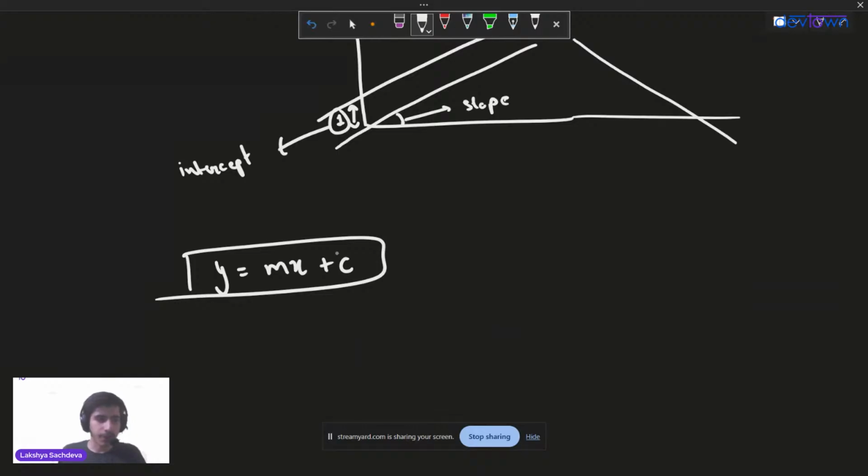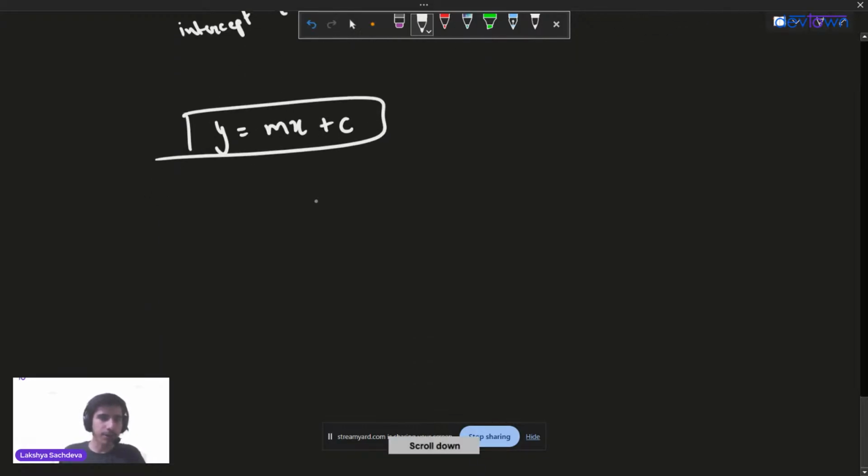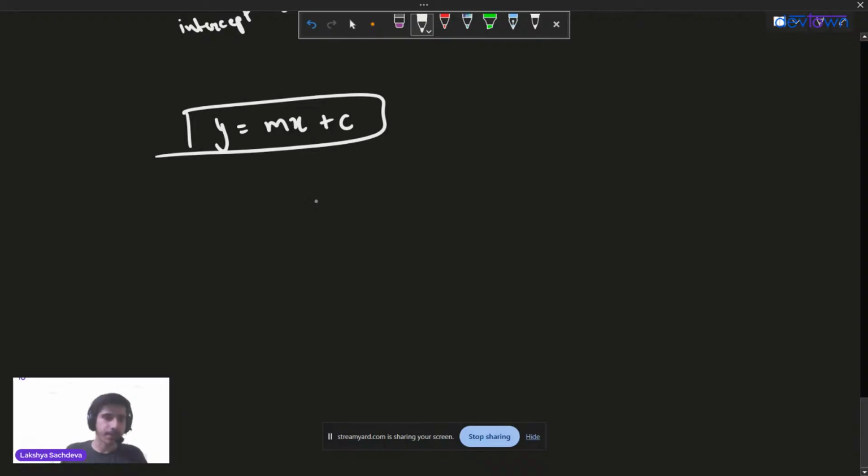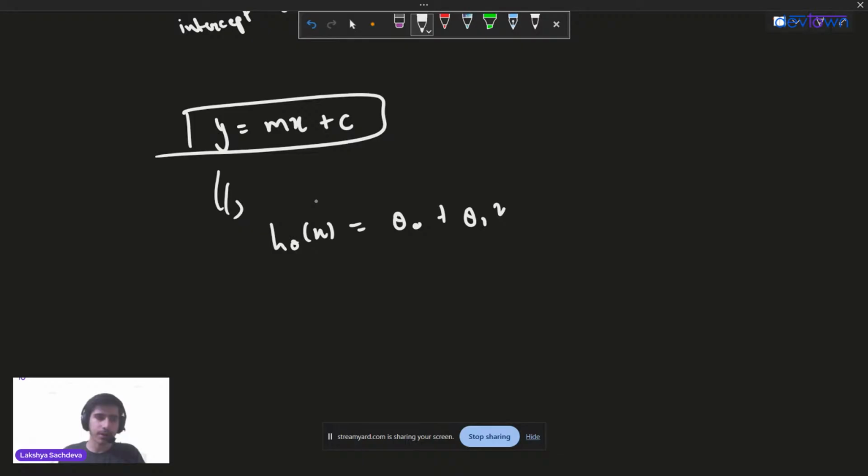Now what I am going to do is write this y as h theta x. Okay, let's leave this, I will just keep it as y. Because most of the times, whenever you search on Google or any other area, you will find that the equation of line in linear regression is written as h theta x equal to theta 0 plus theta 1 x1.